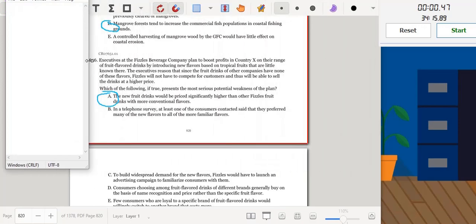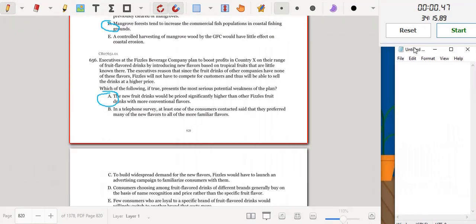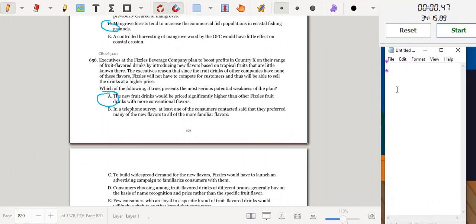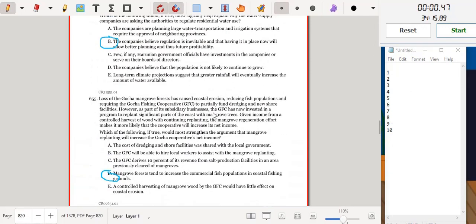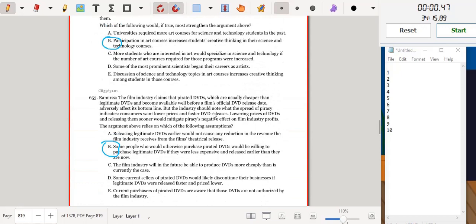So in this notepad I will just mark my answers here so that I can compare them with the answers given.